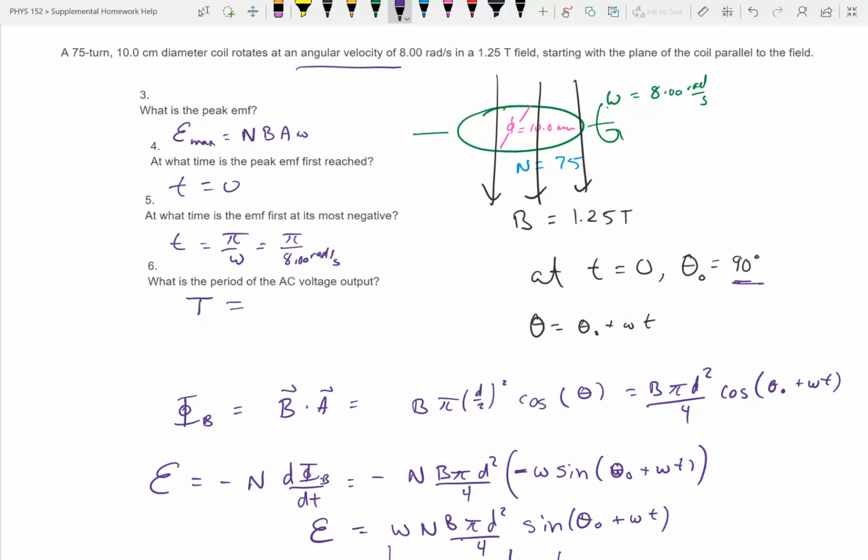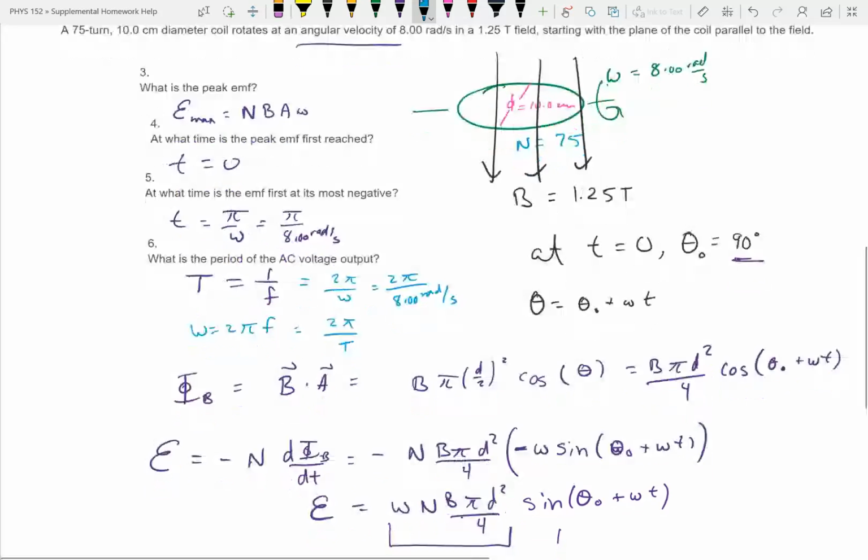Well, no. This is something we learned last semester. Oh, we learned that period is 1 over frequency. And since omega, let me change colors here, since omega is equal to 2 pi f, it's equal to 2 pi over period, then period is equal to 2 pi over omega. And so we can put in numbers here.